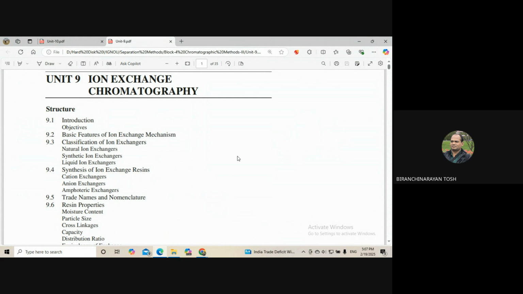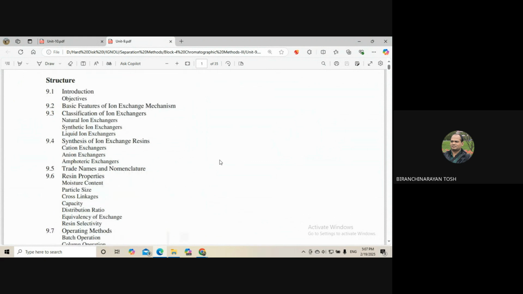Besides the well known use of ion exchange in water treatment, they find use in industry, nuclear fuel processing, hydrometallurgy, agriculture, and biology. So, before discussing the subject in detail, let us have a look at the objective, or what points we will cover.